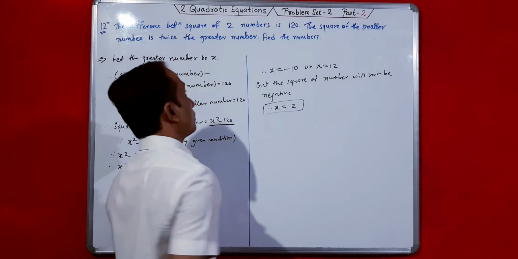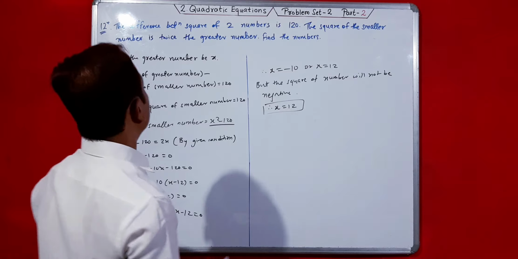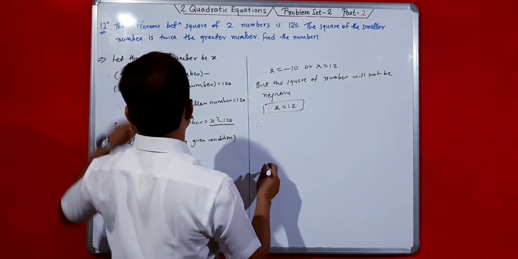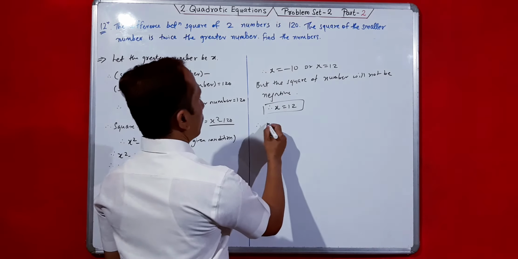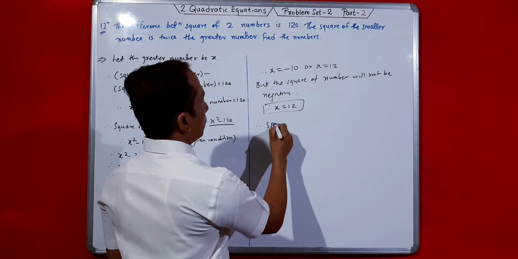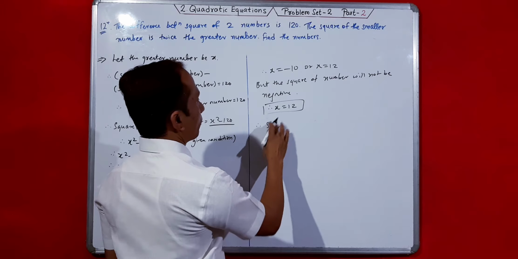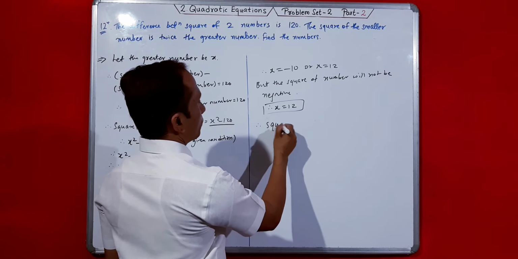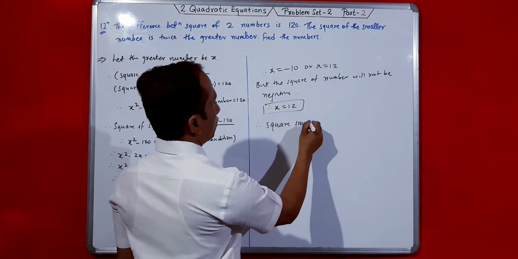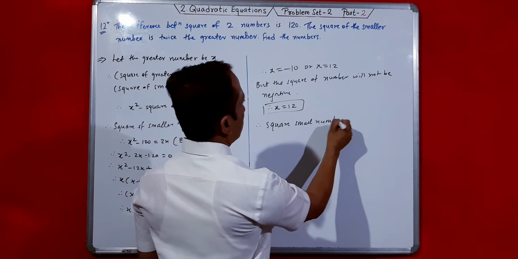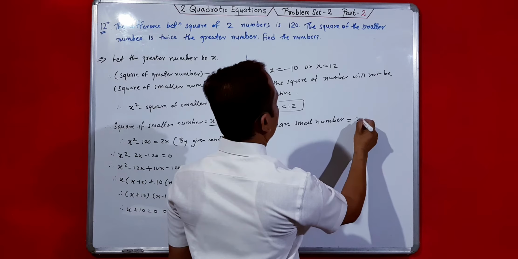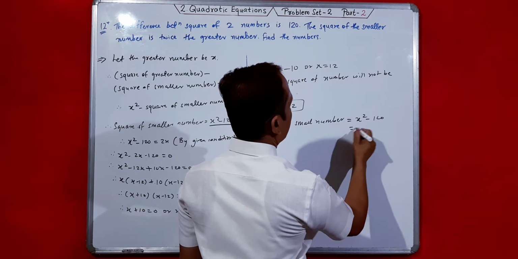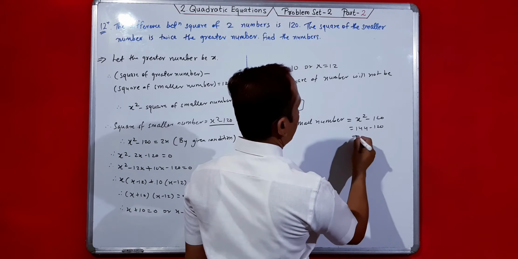So this is the greater number. Now the smaller number: the square of the smaller number is x square minus 120, which is 144 minus 120, equal to 24.